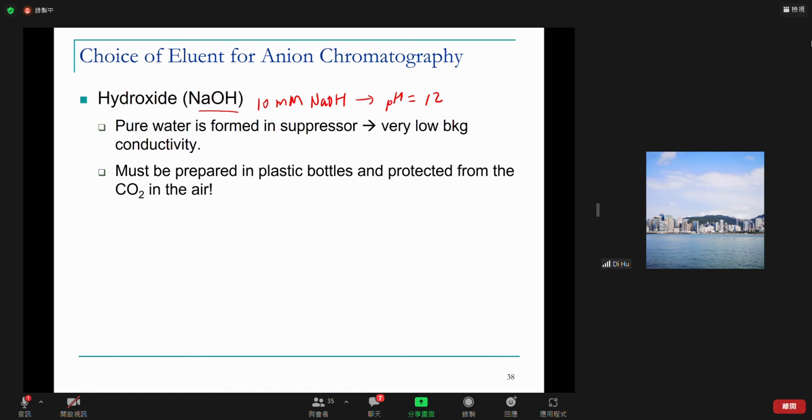And it's very basic. That's why you have to prepare it in a plastic bottle and protect it from CO2 in the air, and then purge it with helium gas.